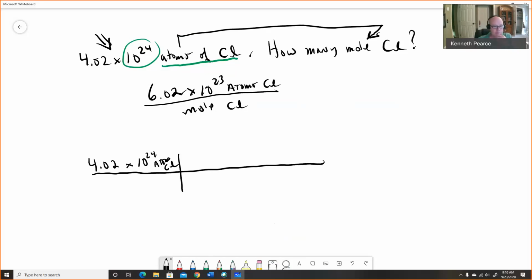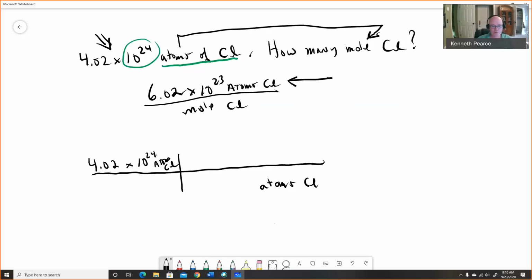All right. Now, what do we need to put down as our next conversion factor? I need atoms chlorine so that they can cancel. And where do we see that? I see this right there. Atoms chlorine. It's on the top, and I need the atoms chlorine to be on the bottom.